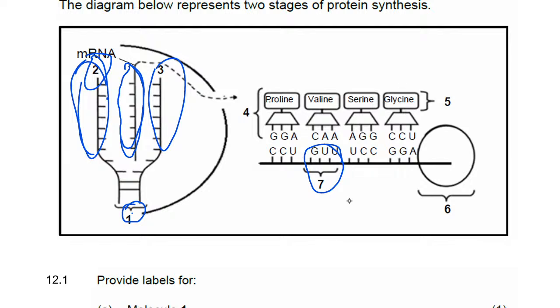Yes, anticodons. Codes are found in the DNA.